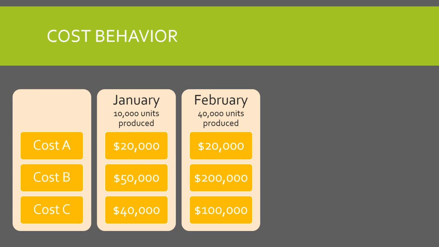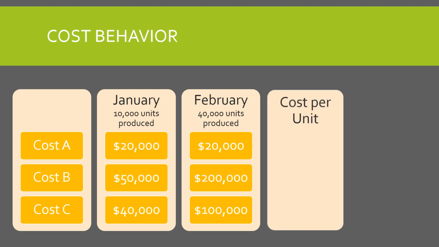February, I made 40,000 units. And the total cost for A, B, and C is given in this example under those circumstances. So let's look at cost A. Notice that when I made 10,000 units in January and when I made 40,000 units in February, the total cost for cost A was $20,000.